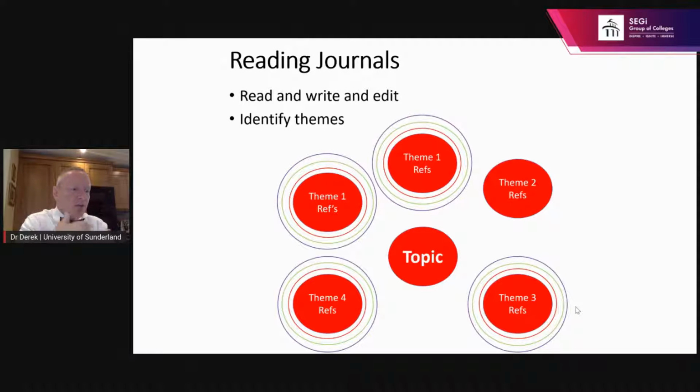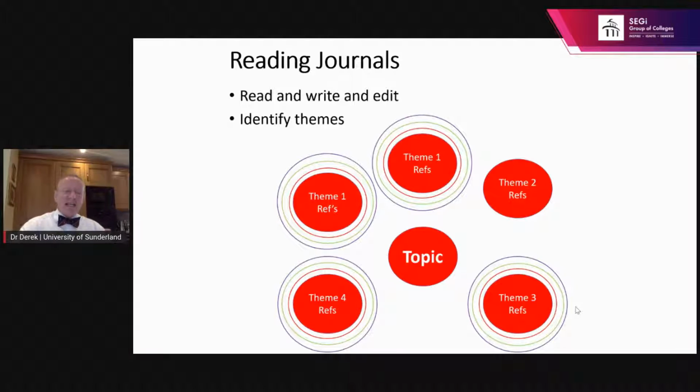And then your 4th or 5th paper, you'll identify that these are the core areas. Now, just because I'm saying this is the 4th or 5th journal paper that you've read doesn't mean that's all you've got to read, because what you do is aim for a situation called data saturation.